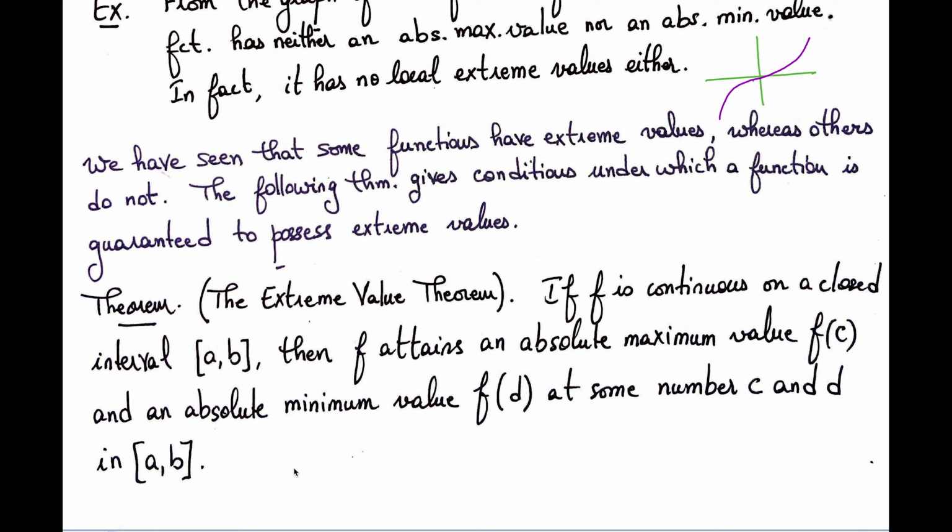Okay, so even though absolute extrema do not exist all the time, for those functions which are continuous on a closed and bounded set, they're guaranteed to occur.